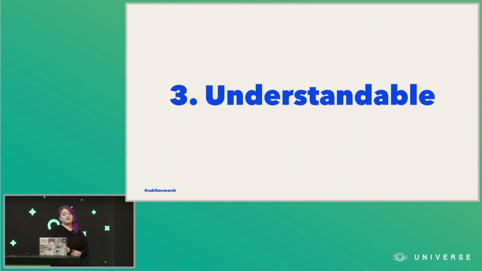Third is understandable. This requires that your content is clear and it limits confusion and ambiguity. It includes guidelines for helping users avoid making mistakes or coming back from a mistake when they make it. So things like error messages on a form both need to be clear, and it needs to be easy to fix the mistake.